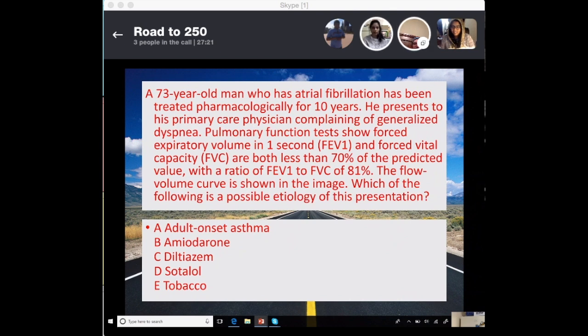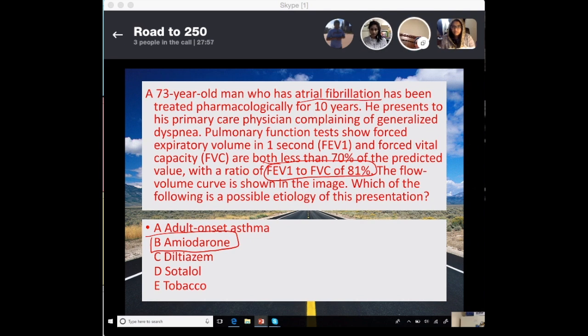B for boy. Amiodarone. Right. So what do we have here? Pulmonary fibrosis. What gave you the tip off? The ratio. The patient has AFib, so he's taking some kind of drug that's causing it as a side effect.